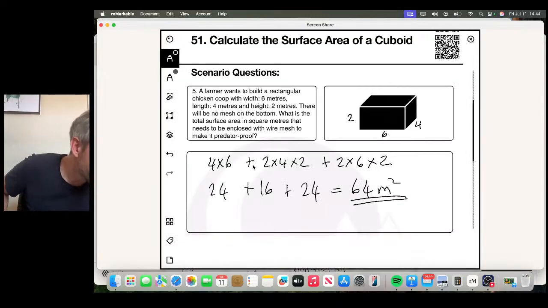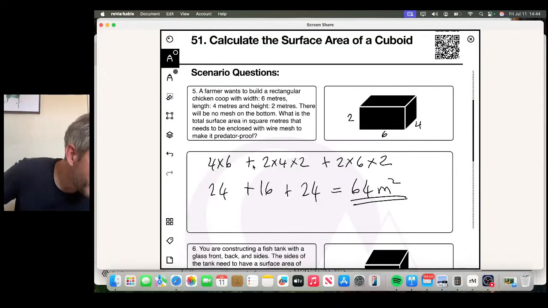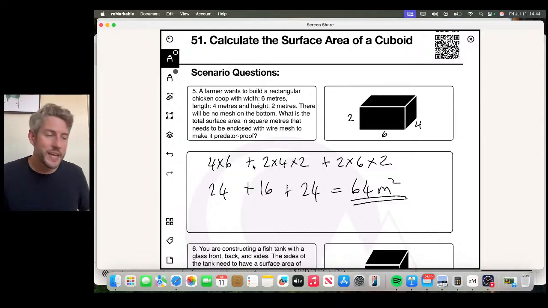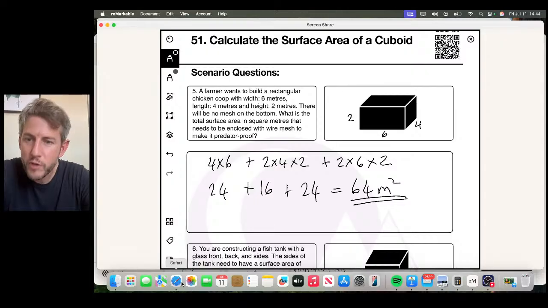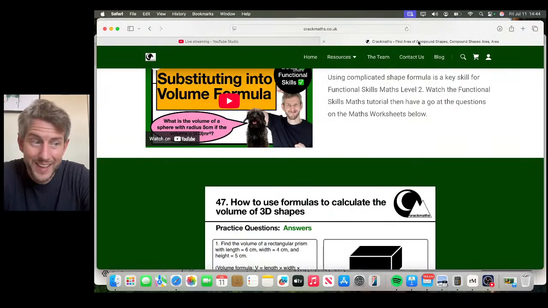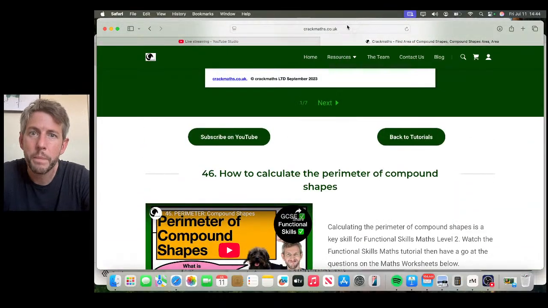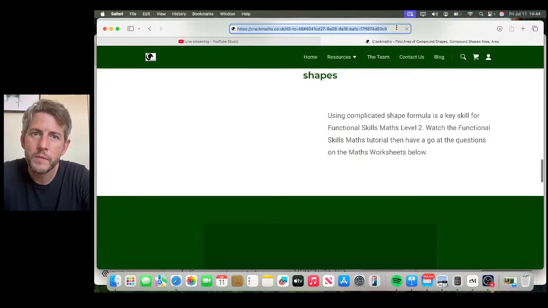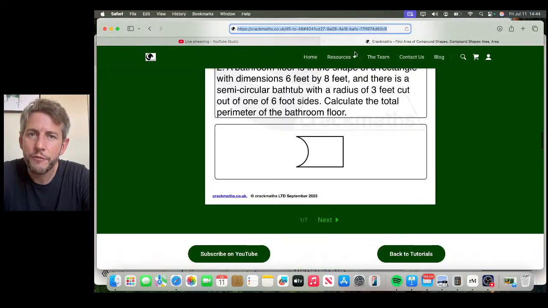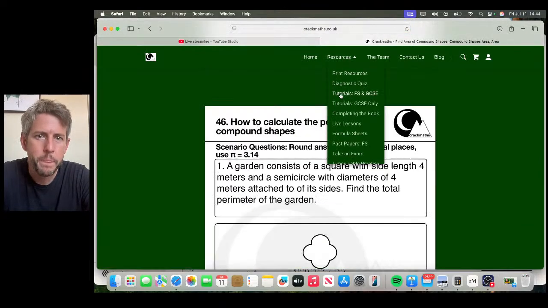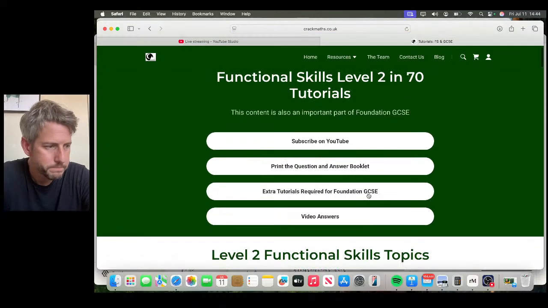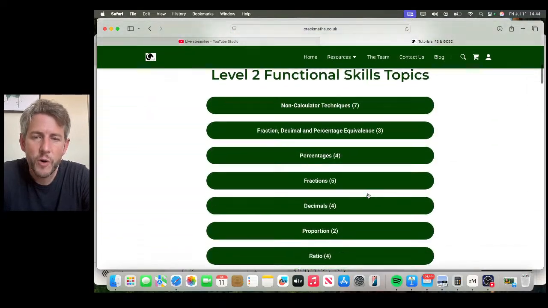Oh, yes, you can definitely. Nangzi, sorry about this. You can definitely access these questions. They are all available on the Crack Maths website. So if you go here, one second, let me just, sneak preview. If you go to crackmaths.co.uk, they are all here, and then you can find them in the resources section, and if you go to tutorials, you can scroll down and find them here.